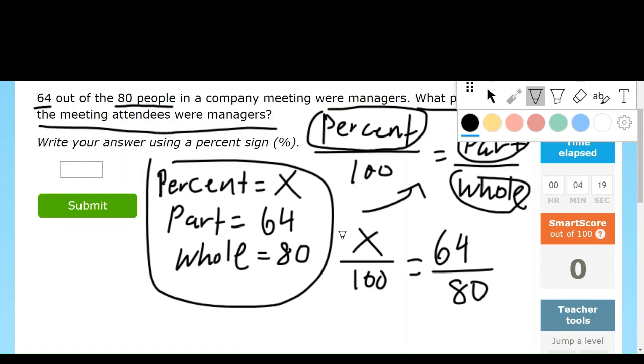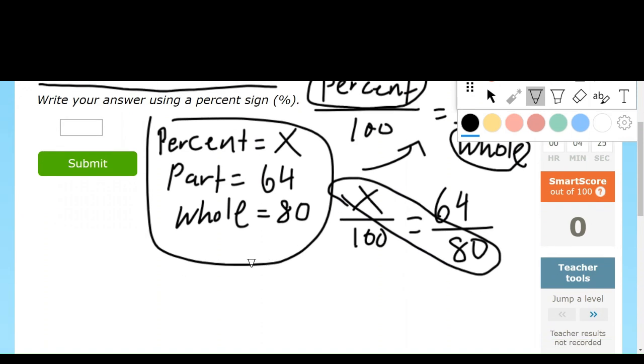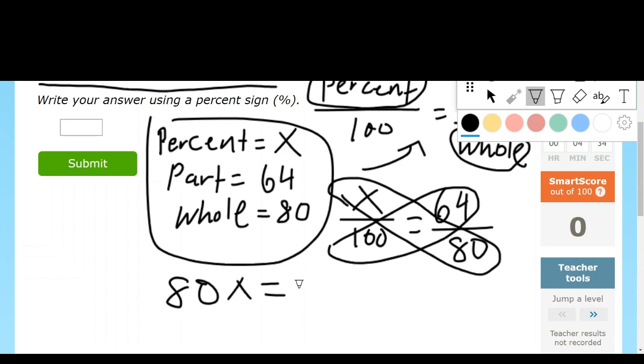Now, if you remember how to solve proportions, we cross multiply to make a new equation. So x times 80 is 80x. And then we're just going to cross multiply the other product. 64 times 100 is 6,400.